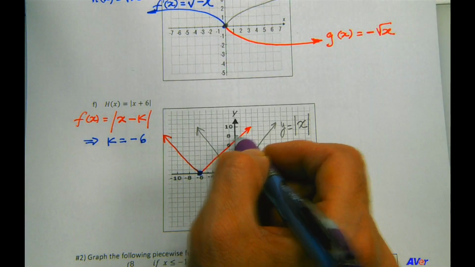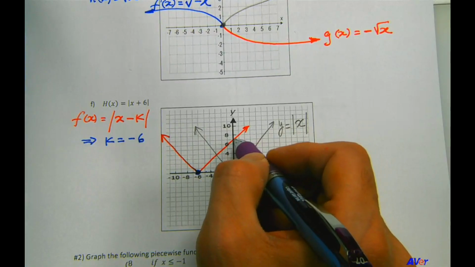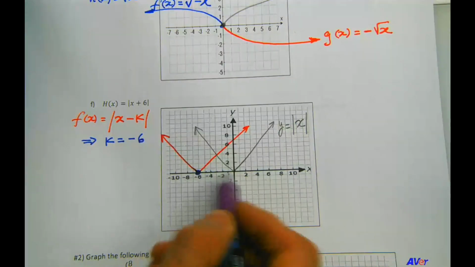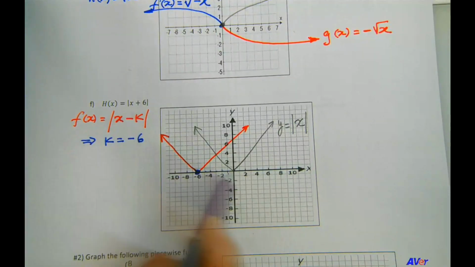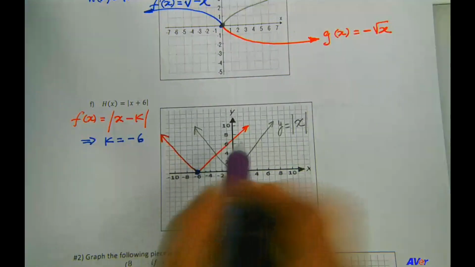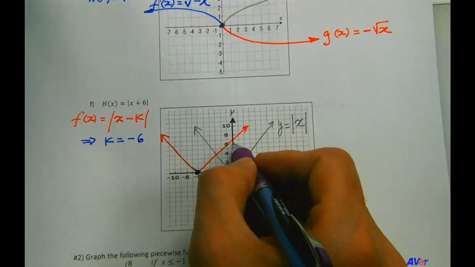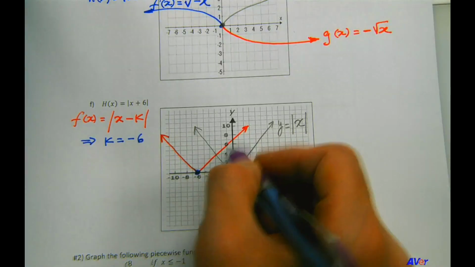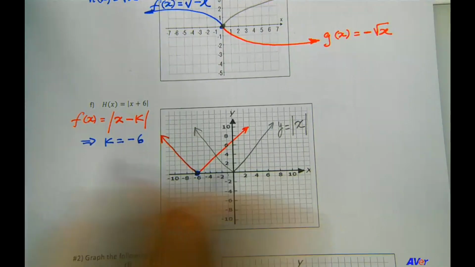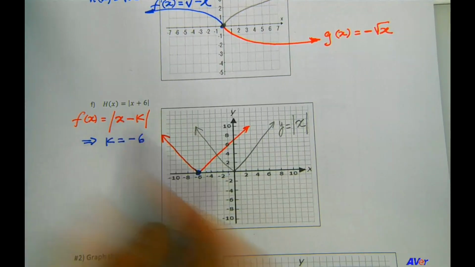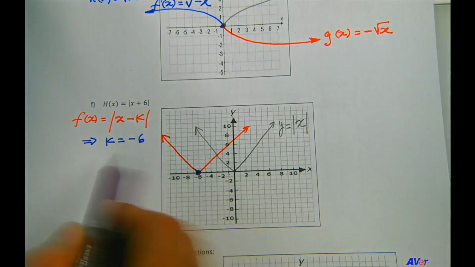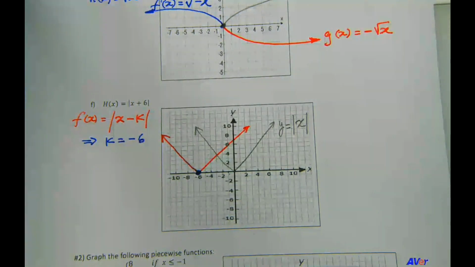Later on in the course, we will draw more precise graphs. But at this point, I just want to show you how transformations work graphically. If I had done a better job, then that line would have crossed the y-axis at 6. But at this point, I want to show you that this vertex moves 6 units to the left, and this is why, because k is negative 6.